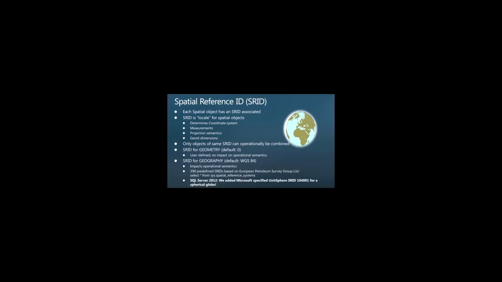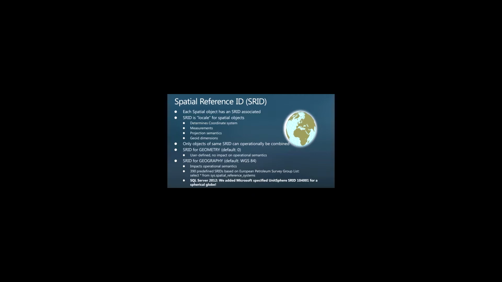Now, this is different in the case of the geography type. The geography type assumes that your data lives on top of a geoid, and depending on your assumption about how stretched or how specific that geoid surface looks, your operational semantics are actually quite different.